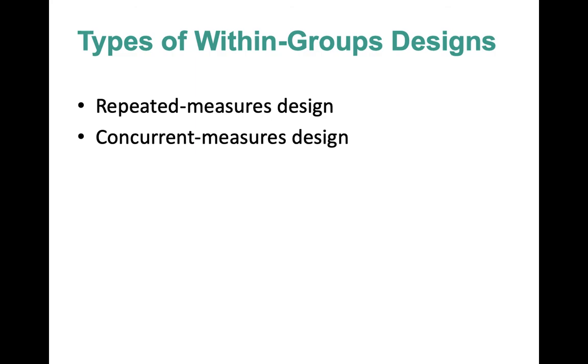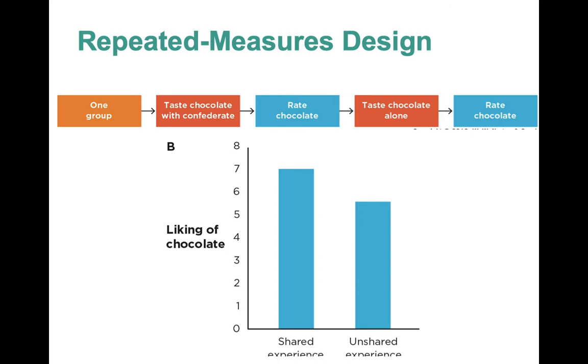All right, so let's shift to within groups designs, and I'll talk about 2 different types of within group designs: repeated measures and concurrent measures. So here is an example of a repeated measures design, but a definition of a repeated measures design is that it's a type of within groups design in which participants are measured on the DV more than once after exposure to each level of the IV.